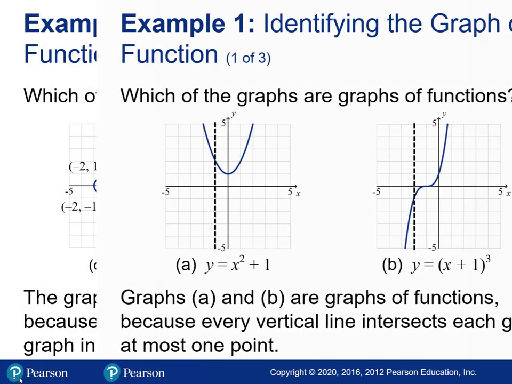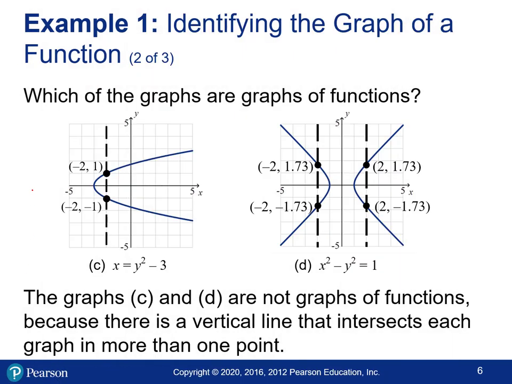Okay, take a look at this one. Which one of these are functions? Neither one, because this vertical line doesn't intersect the graph at all, so that's okay. This vertical line intersects the graph exactly once, but the next vertical line intersects the graph twice, and this would not be the graph of a function.